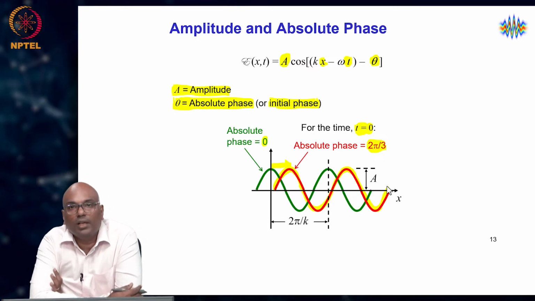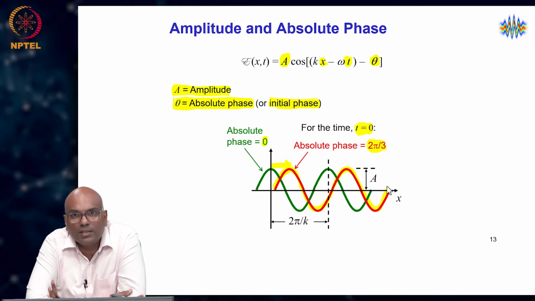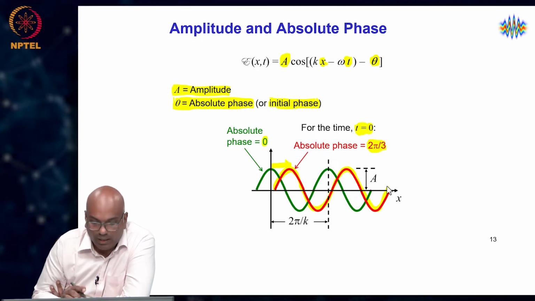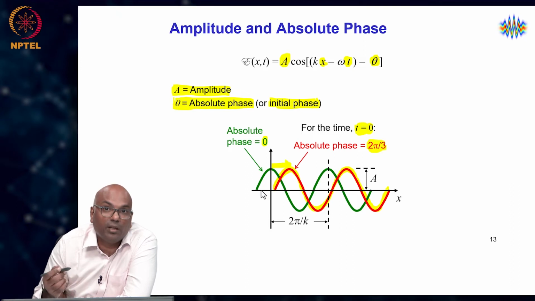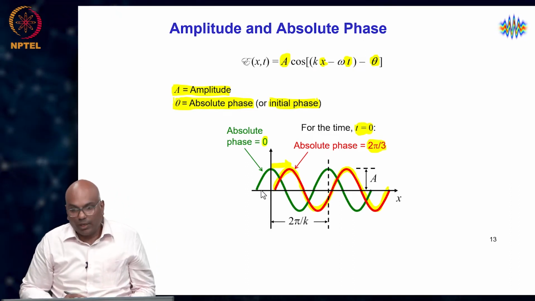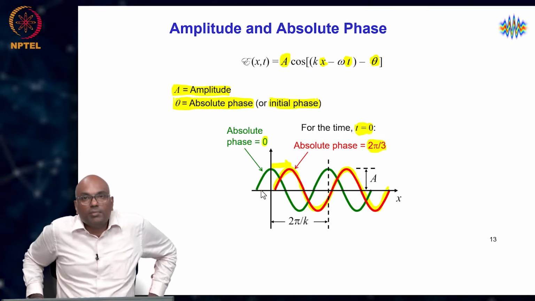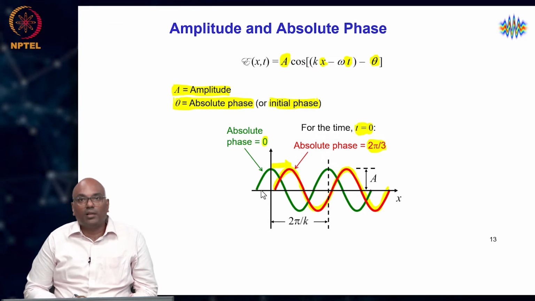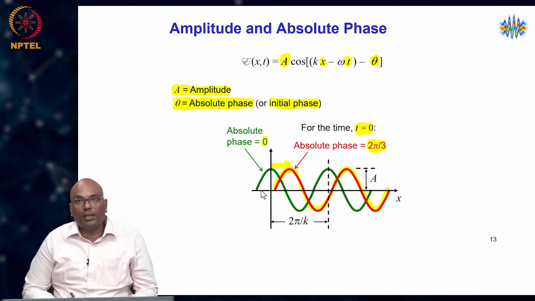Okay. So, the effect of the initial phase is essentially to shift this wave around, while the wave otherwise retains its spatial and temporal character. Okay. So, at first glimpse this absolute phase factor does not seem to have a great physical impact or implication.